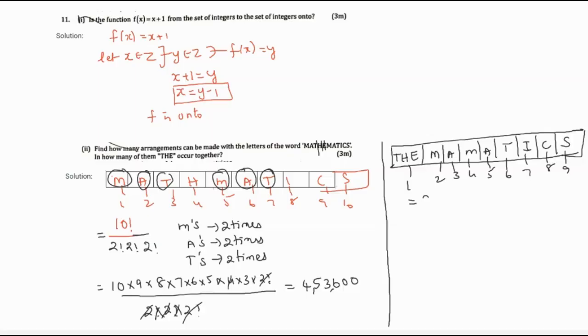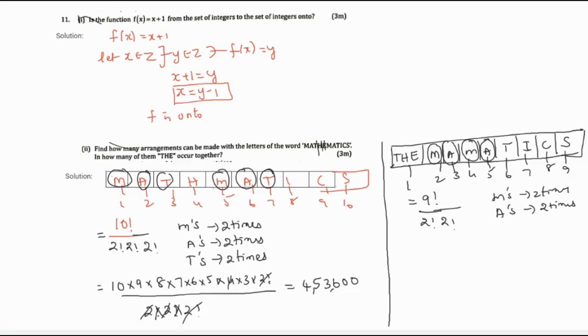So it will be 9 factorial divided by, again here m is repeated 2 times, so it will be 2 factorial. Then a is repeated 2 times, so it will be 2 factorial.